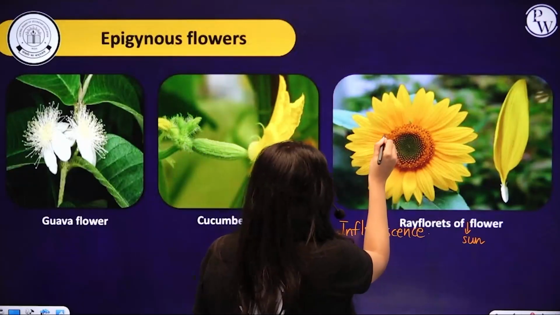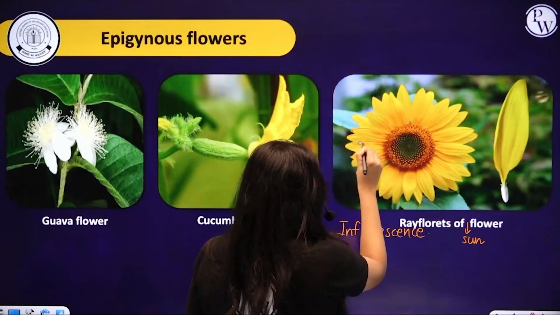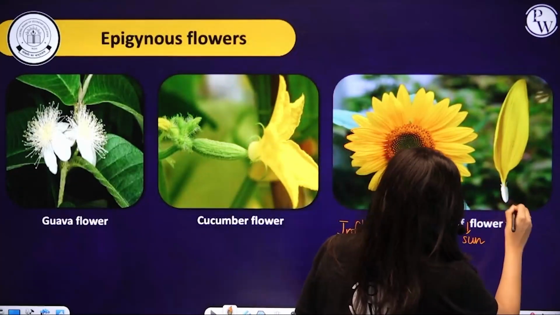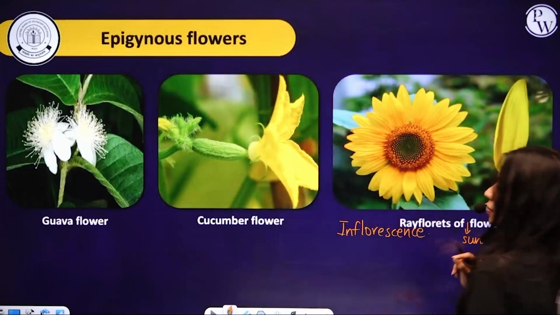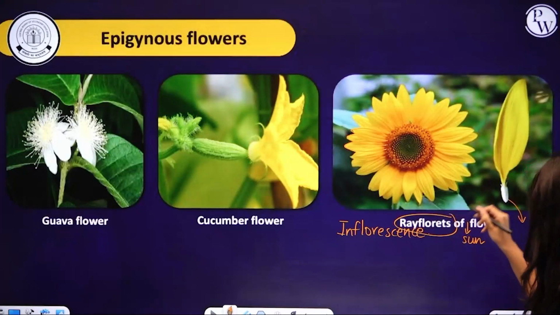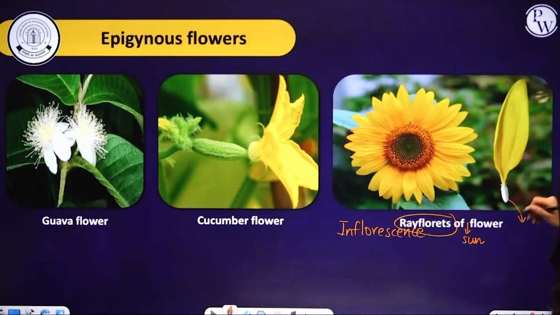Over here, each floret that you see here, like this one, each one is a flower. Since it's a very tiny flower, we call it a floret. So these are called the ray florets of sunflower. In these ray florets, you can see that this is the ovary part, and from above that the other whorls are arising.